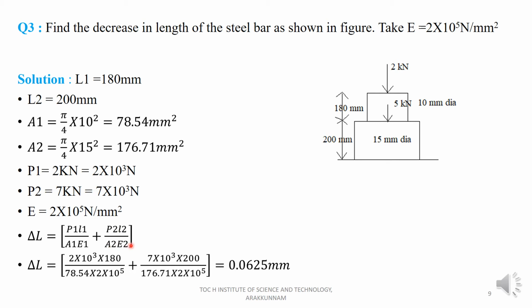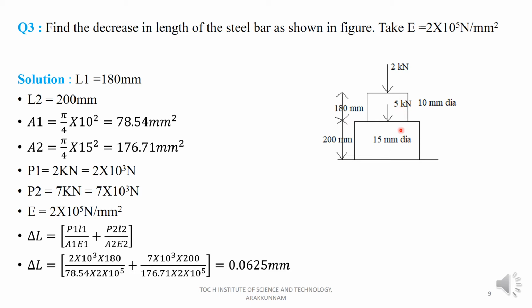Here you can see the first section is acted upon by a load of 2 kilonewton, and the second section is acted upon by a load of 5 kilonewton. In addition to that, this 2 kilonewton is also acting in this section. So while considering the second section of 15 mm diameter, we have to consider the total load 2 plus 5, that is 7 kilonewton.